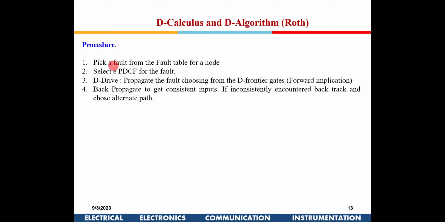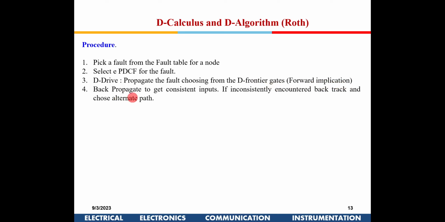First, it picks a fault from the fault table. You have so many faults in the fault table, and one of them will be picked. We select the required PDCF for that fault, and then first we do the D drive. D drive is nothing but propagating the fault towards the output. As we keep propagating, we keep including the gates in the D-frontier. That is known as forward implication.